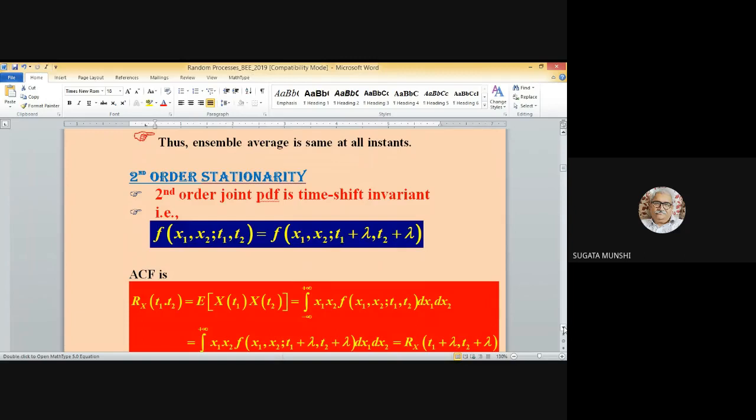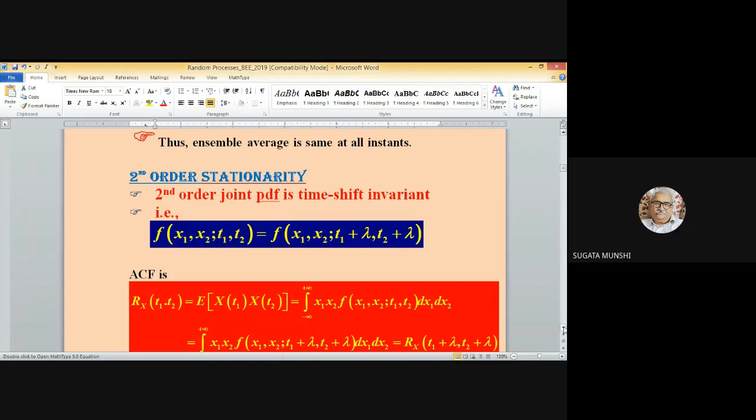So what will that result in? The autocorrelation function evaluated for t1 plus lambda, t2 plus lambda. That will be valid for all possible values of t1 and t2.